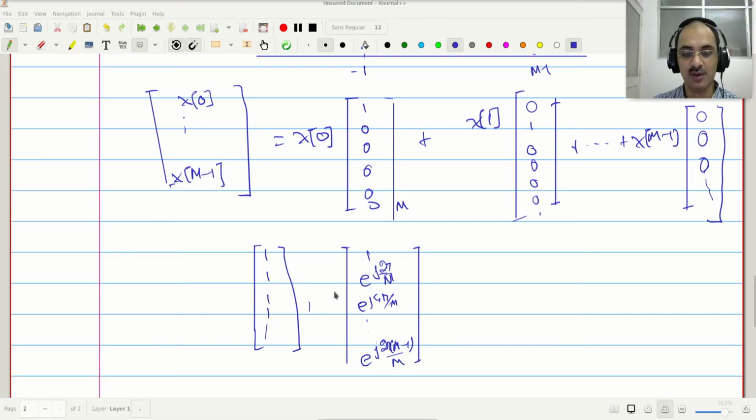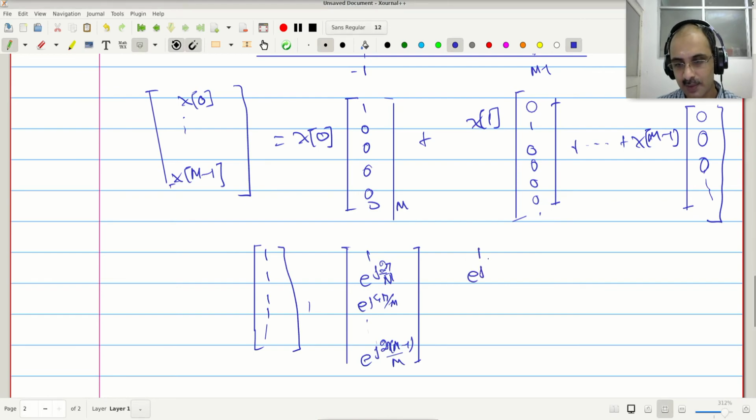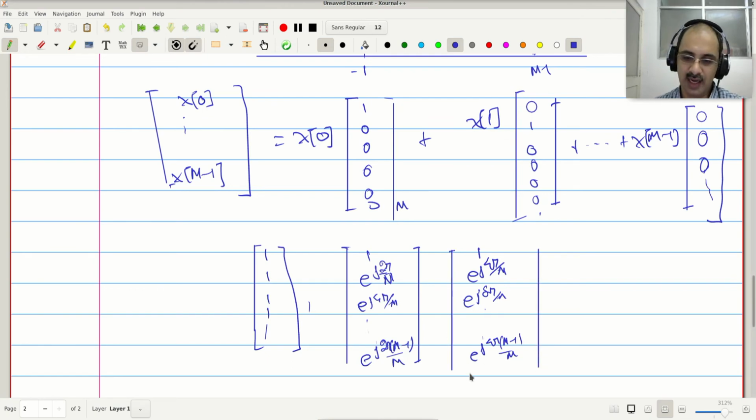In the same way, you can think of the 1, 0, 0, 0, 1, 0, 0 axis, and 1, e power j 2 pi by m as an axis, similarly 1, e power j 4 pi by m, e power j 8 pi by m, and so on, up to e power j 4 pi m minus 1 by m. Similarly for 3 times, similarly for 4 times, and so on. And the more important thing is these are orthonormal.